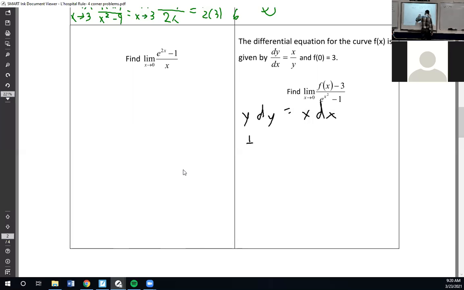And so when I take the antiderivative, I'll see. I'm going to go ahead and simplify this a little bit. I'm going to multiply all this by 2. Two times a number is still a number, so I still have a constant there. I'll go ahead and solve for c here. f of 0 is 3.